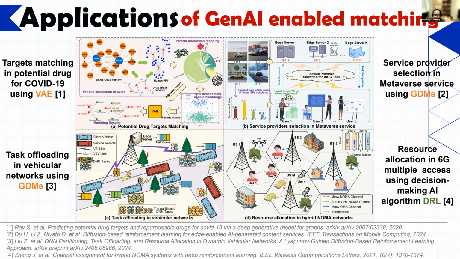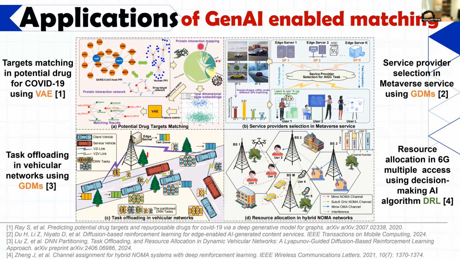So there are many applications of generative AI-enabled matching. First is target matching for potential drugs for COVID-19. The researchers used the variational autoencoder to match the structure of the virus to the structure of the protein that is matched to eliminate or reduce the symptoms.